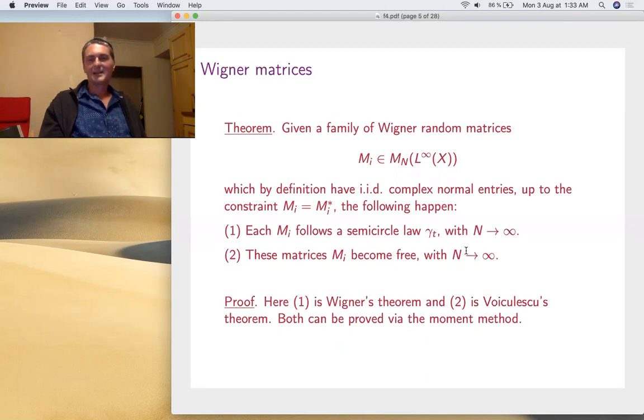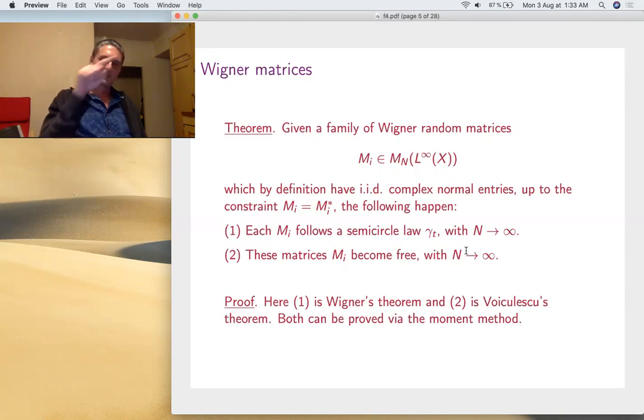So let's consider Wigner random matrices, meaning IID complex normal entries up to the constraint that the matrix is self-adjoint. So if you want to construct a self-adjoint matrix with things as independent as possible, you compute the upper triangular part, you fill the upper triangular part with IID normal entries, and then you reflect. On the diagonal, of course, these entries must be real.